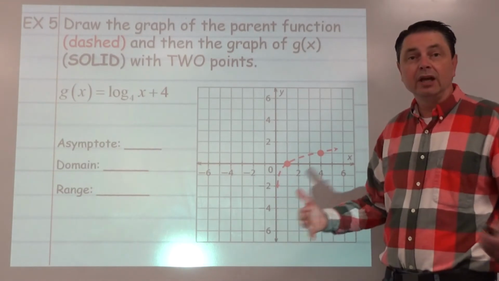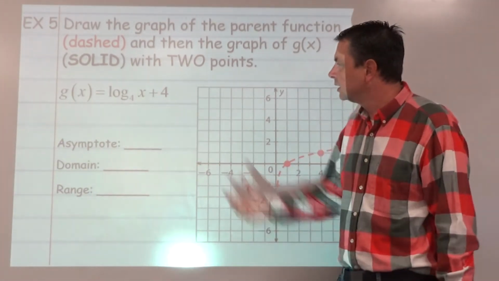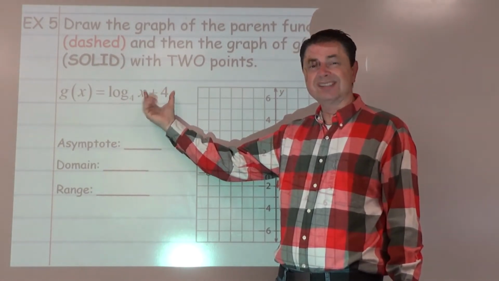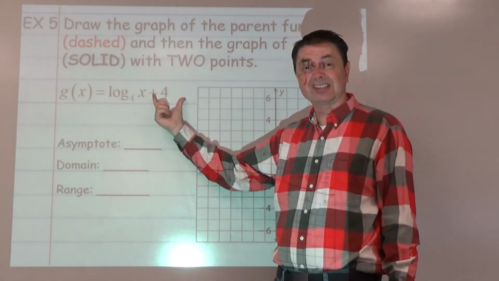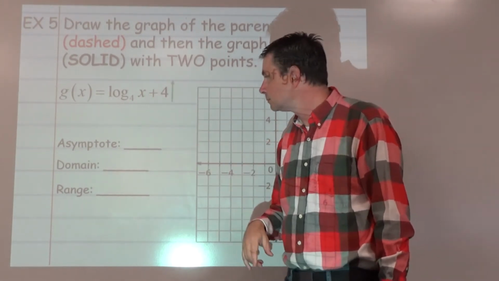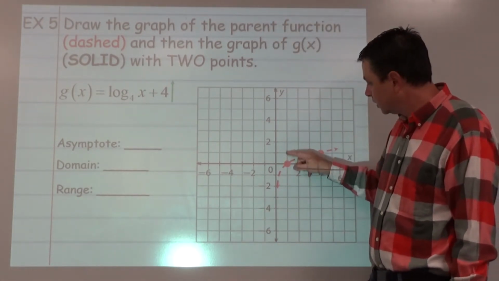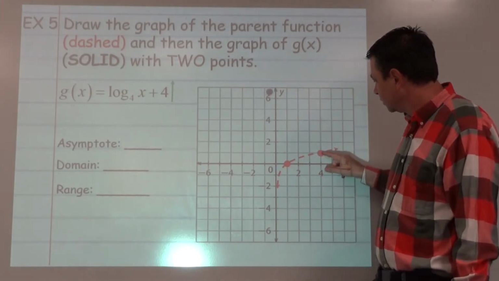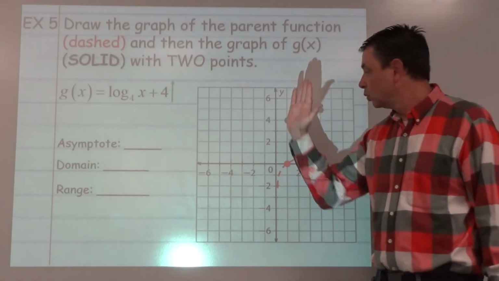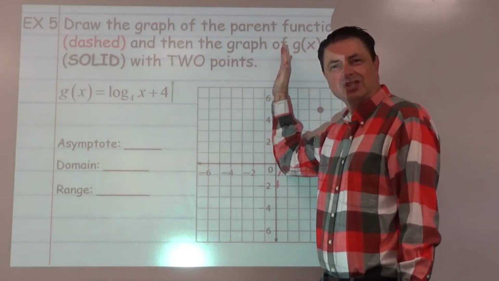All right, now we got to do some transformations. We got to translate. What does that do? This is outside of the log function, so this is the k. So we're going to go up 4. So, key points, 1, 2, 3, 4. 1, 2, 3, 4. Asymptote, the y-axis, is going to go up 4, but that doesn't really change anything.